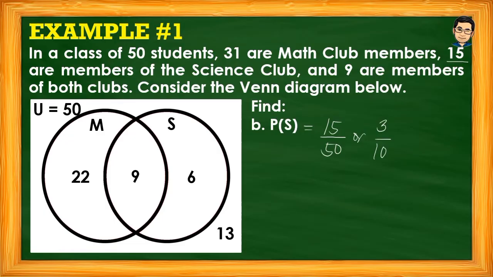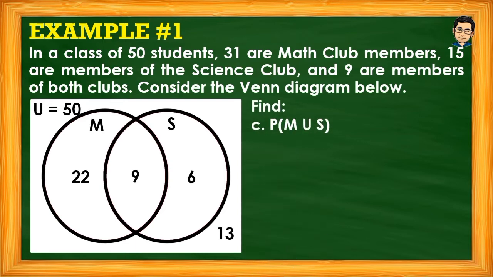So, ang 3 over 10 na to, pwede natin siyang isimplify naman sa decimal, that is 0.3. Or pwede rin namang in percentage form, 30%. Okay, so ibig sabihin, 30% ng class ay members ng science club.